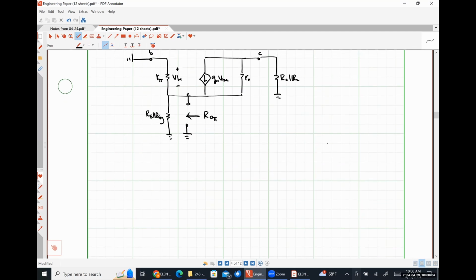So that means that RC pi is just RE in parallel with R sig in parallel with R pi times R naught plus RC in parallel with RL, divided by R pi plus 1 plus beta R naught plus RC in parallel with RL. There we go.